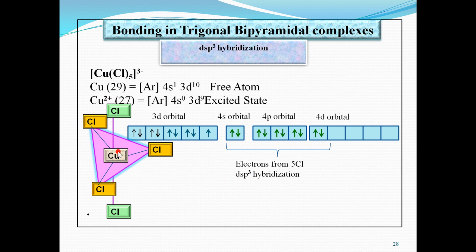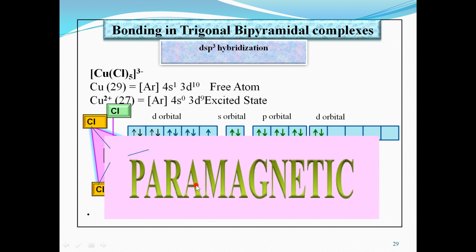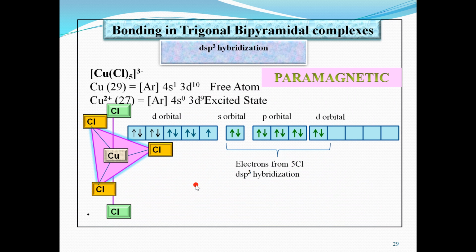The central metal atom is copper, and 5 chlorides are arranged likewise, 3 at the triangular face and 2 at the apex and bottom side, and it has a trigonal bipyramidal structure, and it undergoes sp3d hybridization. So now what is the magnetic nature of this complex?